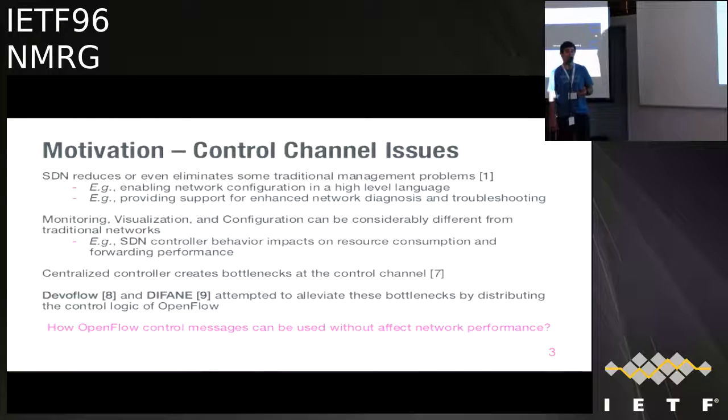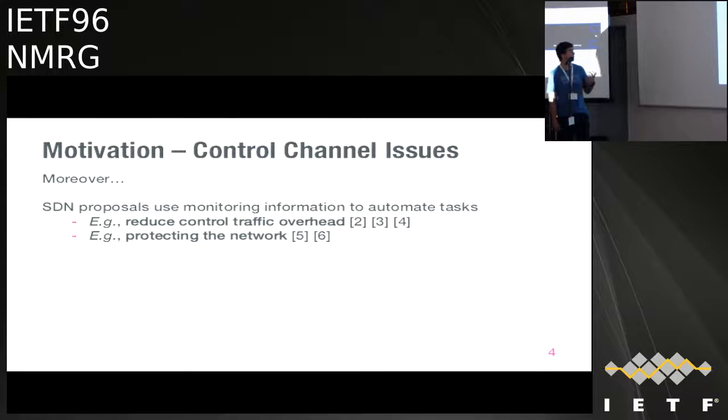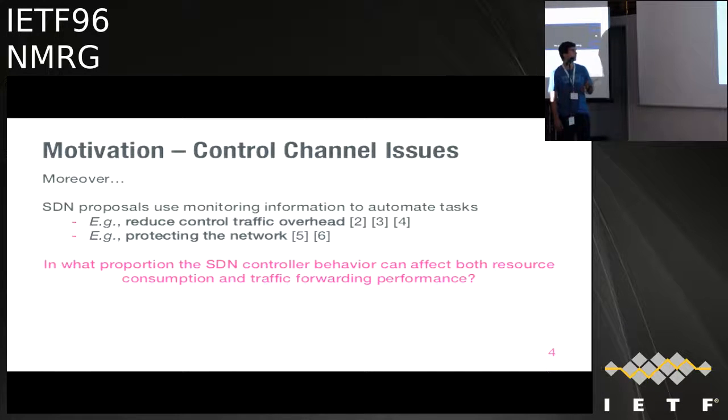And moreover, there are other SDN proposals that use the monitoring information to automate tasks, I mean, to reduce control traffic overhead and also protect the network. But in what proportion can the SDN controller behavior affect both resource consumption and also traffic forwarding performance?